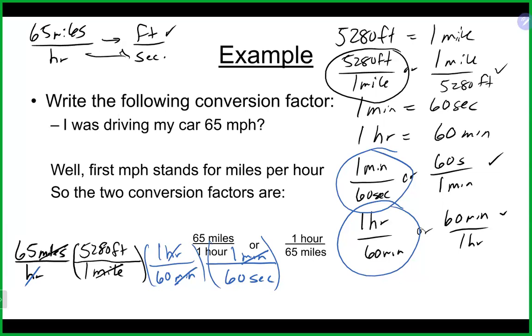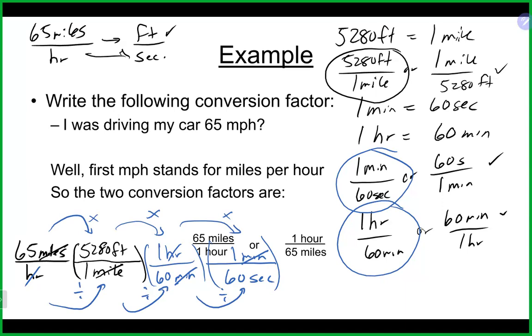Now, mathematically, what we're doing is we are multiplying, once again, everybody that is up on top, and we're coming back here and dividing by everybody that is on the bottom. And if we do that, pretty much is 65 times 5,280, hit equals.